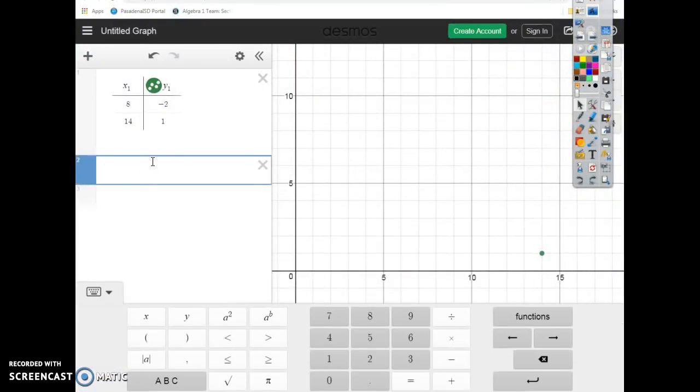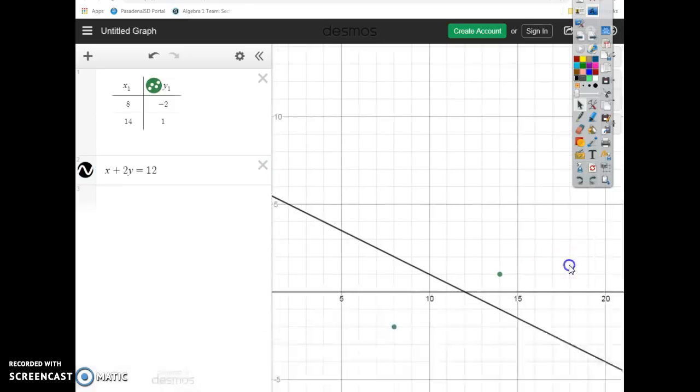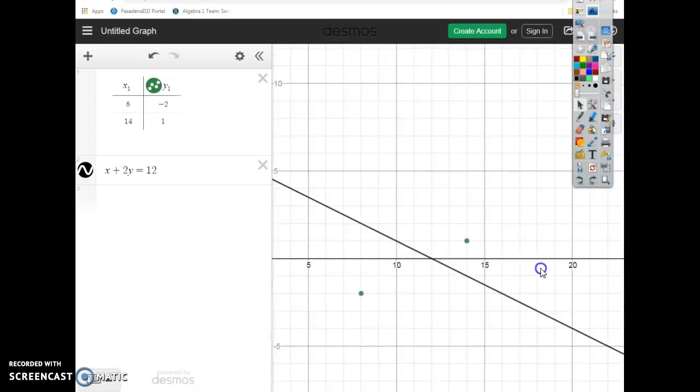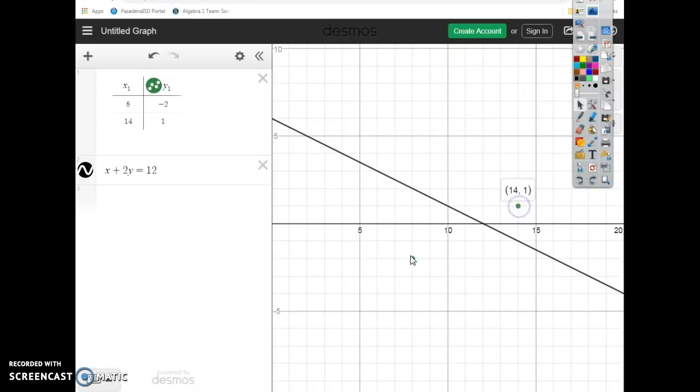We're typing the new equation, which is x plus 2y equals 12. Okay, did it go through my points? No. My points are right there, and the line did not go through the points. So B is not it. Go ahead and cross out B.